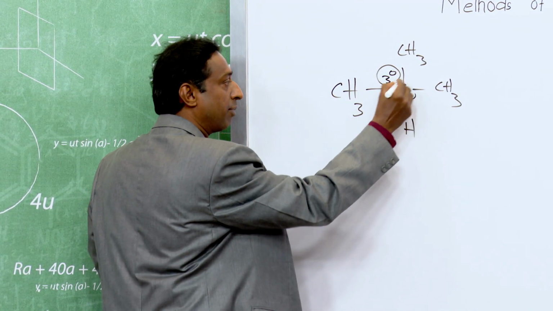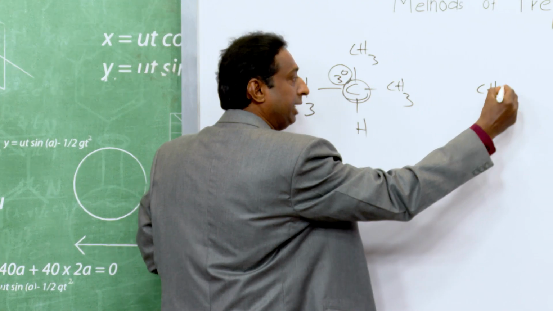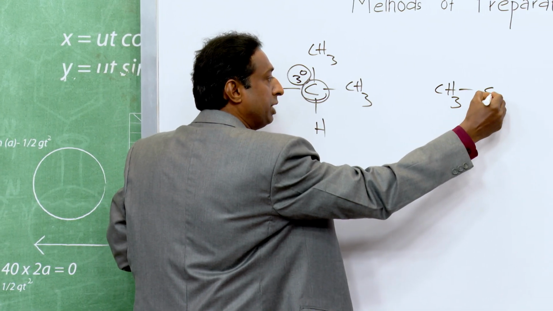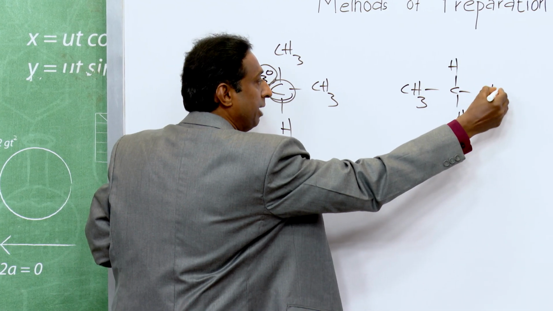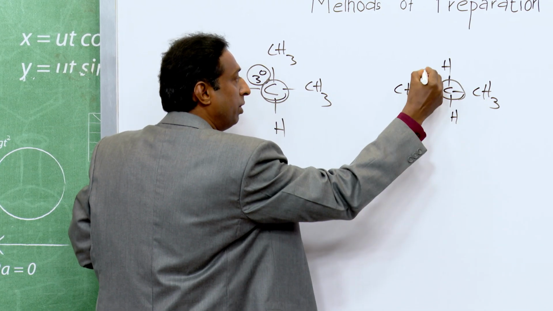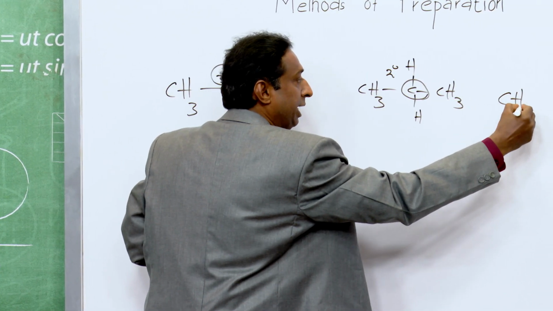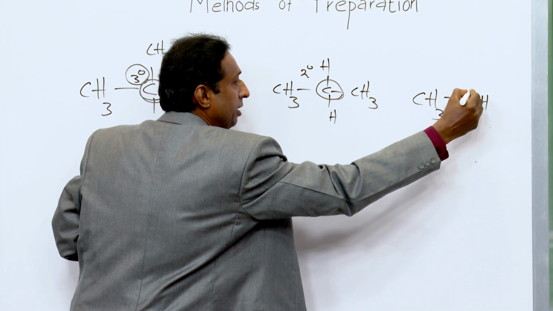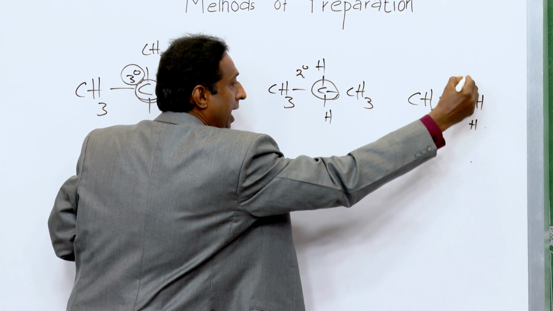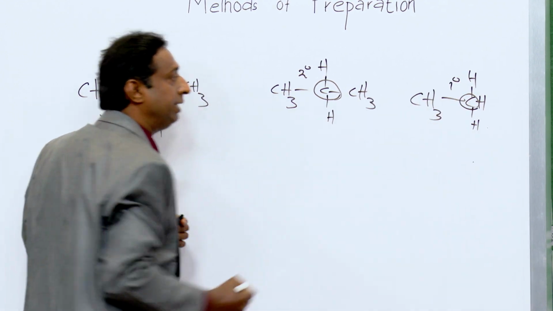This is 2 degree: CH3 single bond CH, single bond CH and single bond CH3. This carbon is 2 degree carbon, and similarly CH3 single bond CH2, or CH3, you can say this carbon is called 1 degree carbon.